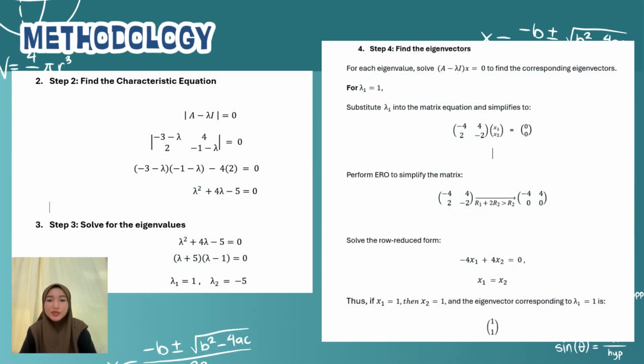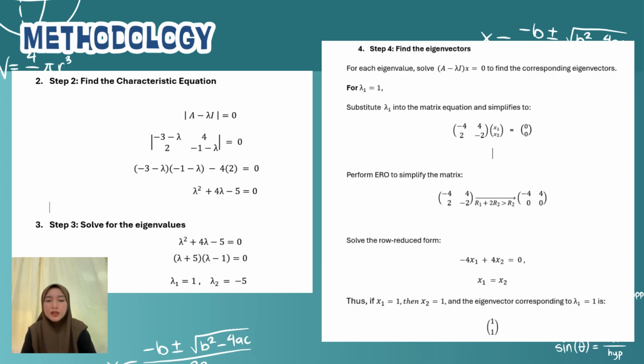Now, let's dive into the process of finding the eigenvalues and eigenvectors for the coefficient matrix A. This is a crucial step in understanding the dynamics of the system. To begin, we compute the characteristic equation. This is derived by solving the determinant equation det(A - λI) = 0. Substituting the matrix, we get the determinant of [-3 - λ, 2; 4, -1 - λ] equal to 0.